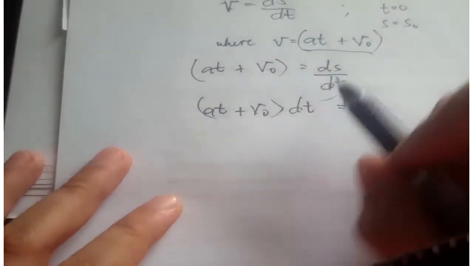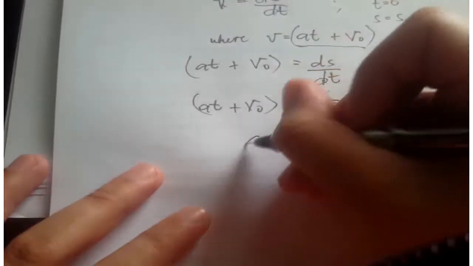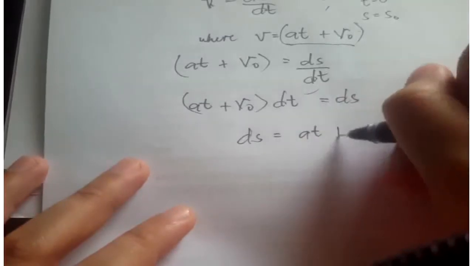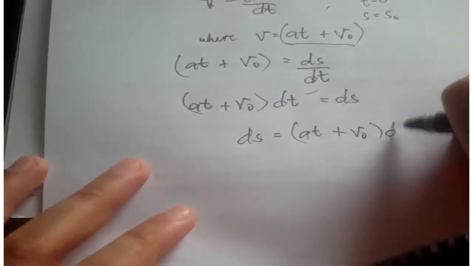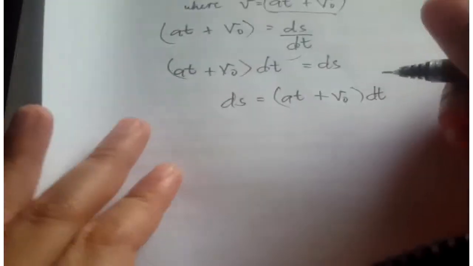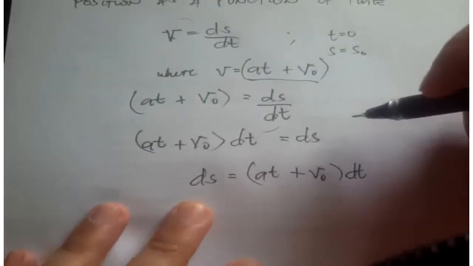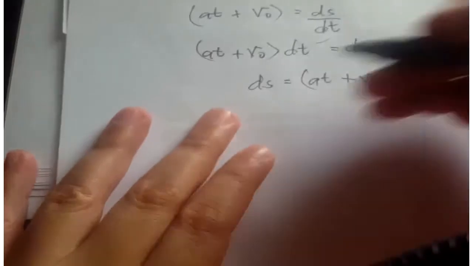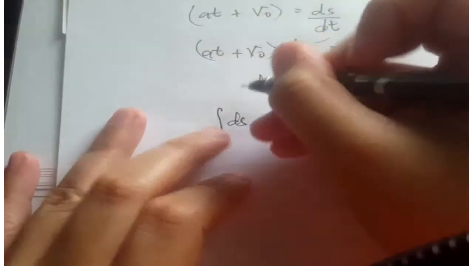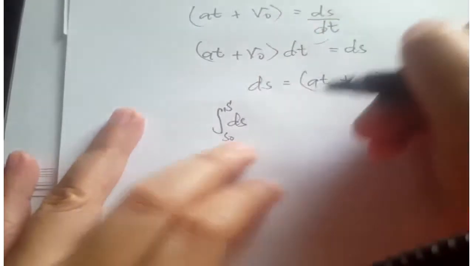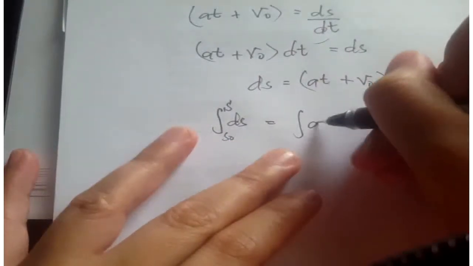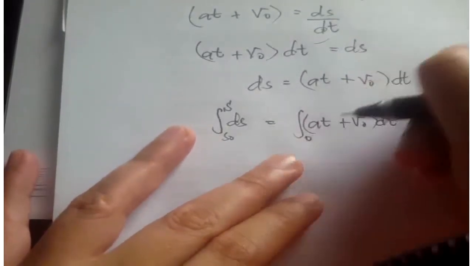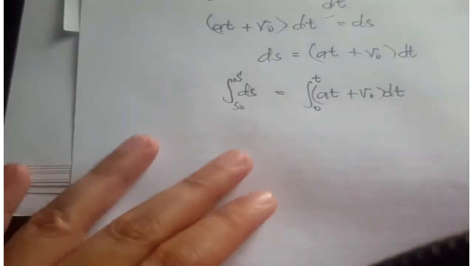Or you can also swap the position if you want. So let us now integrate ds from initially s sub 0 to s, and then integrate at plus v sub 0 dt from 0 to t, final t.